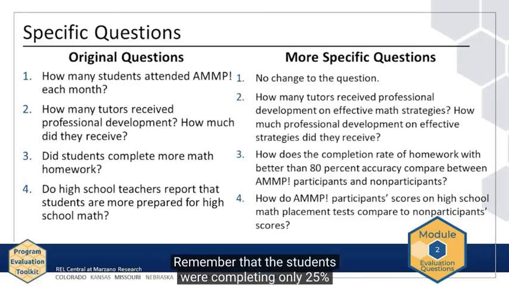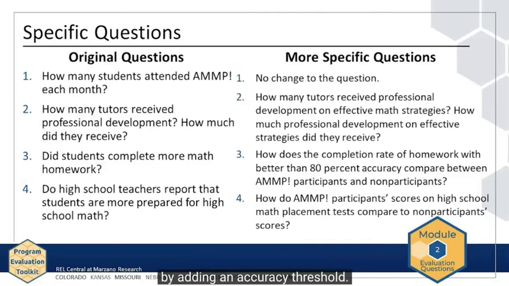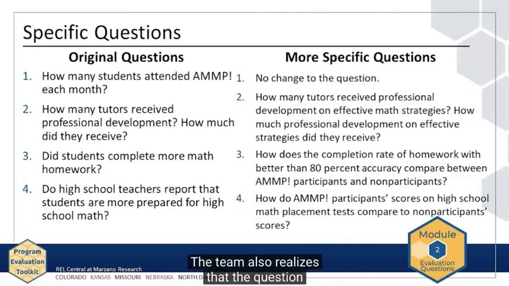Remember that the students were completing only 25% of their homework before the intervention, but the team wants to know how well students did on homework as well. So, the team makes the question more specific by adding an accuracy threshold. The team also realizes that the question is not about the homework completion rate for all students, but about the rate for only AMP participants.